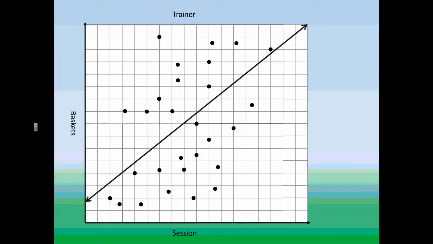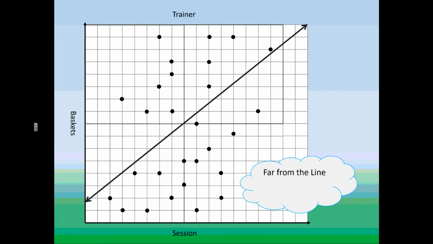What happens if the dots are further away from the line? If that outlier is pretty much everyone? Well, that means if they are far from the line, we have a very weak relationship. It is no longer a strong relationship. The line isn't as useful. We call that a weak correlation.